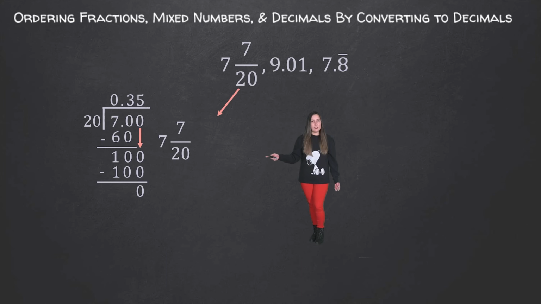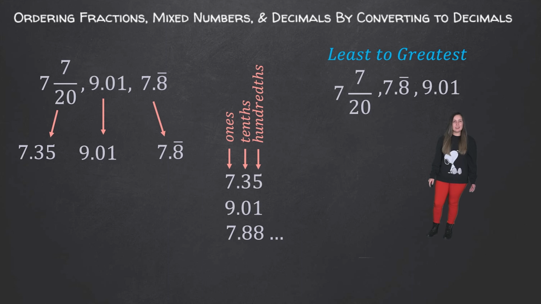Now in the tenths place, the top one has a 3, but the bottom one has an 8, automatically making 7 and 35/100ths our smallest value, and it was originally written out as 7 and 7 over 20. Then we have 7.8 repeating, and then finally we have 9 and 1/100ths. And that's it for comparing fractions, mixed numbers, and decimals by converting to decimals.